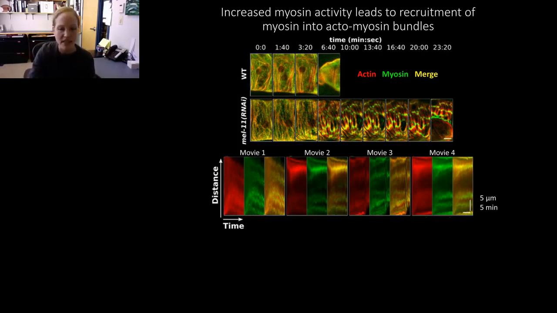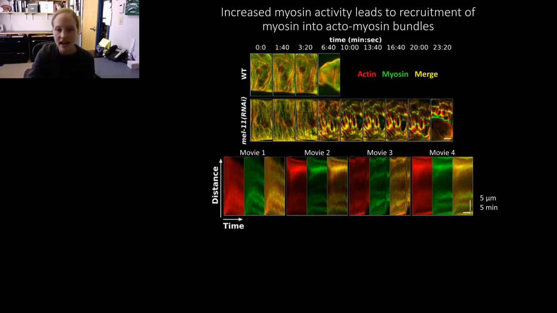It is perhaps easier to see how these myosin foci are coming together if we look at a kymograph. So on the bottom panel here, I'm showing you kymographs from 4 different cells across 4 different ovulation movies. And let's just pick an example. So if you look right here, what you can see is that at the beginning of this movie, so time is along the bottom axis, the yellow is very homogeneous, meaning that there is both red and green present in this cell.